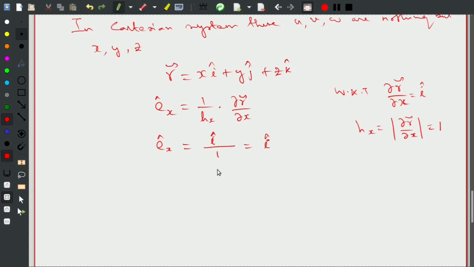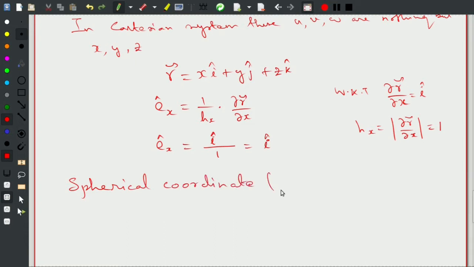Some of the other examples of curvilinear systems are spherical coordinates, where the parameters u equal to r, v equal to theta, and w equal to phi.